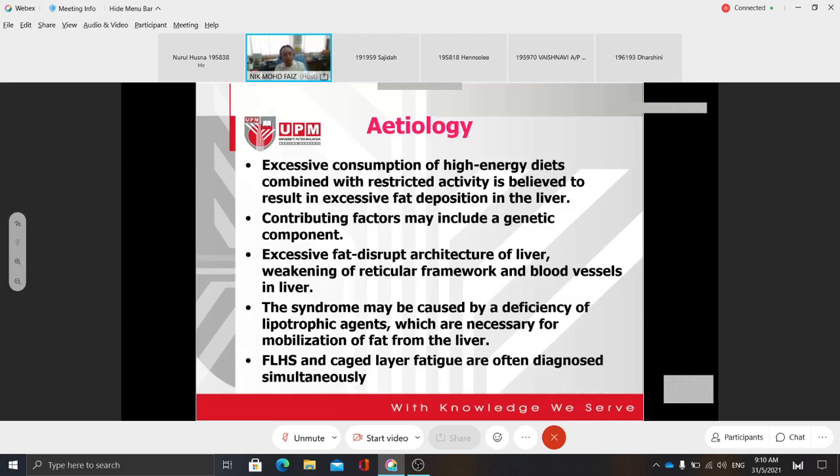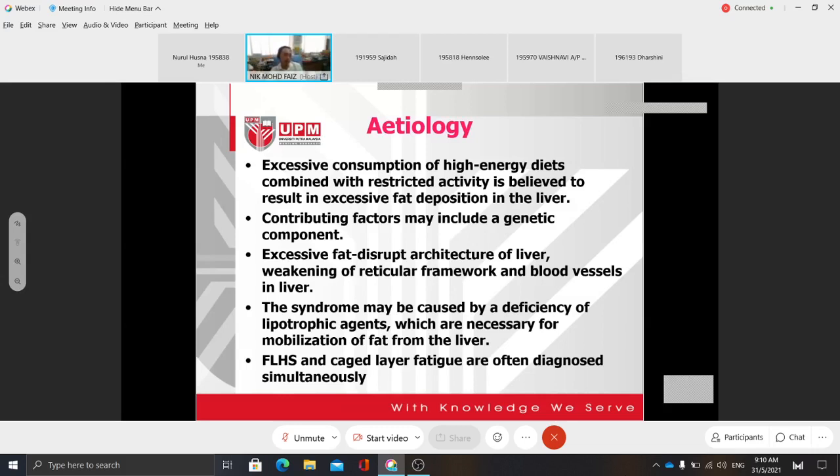For the pathogenesis, excessive fats disrupt the architecture of the liver and weaken the reticular framework and blood vessels in the liver. Your liver will look fatty, yellowish, and because of the weakened blood vessels, it leads to hemorrhages. The syndrome may also be caused by deficiency of lipotropic agents, which are necessary for mobilization of fats from the liver.